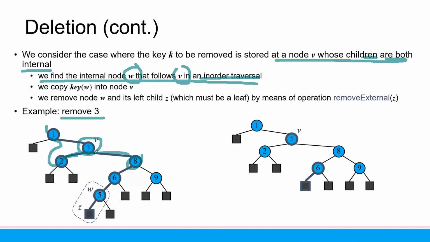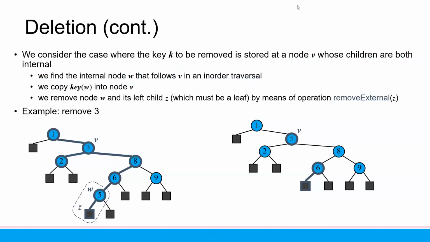There is no 4, so the next is 5. We find the internal node w that follows v. So we find 5. After we find 5, we copy the key of w and update the location of v.